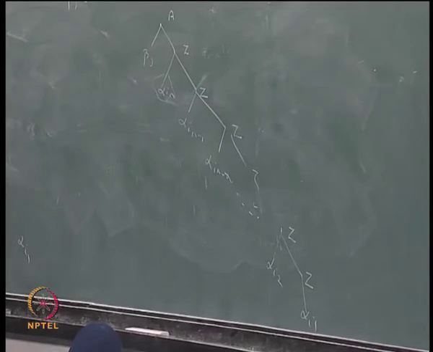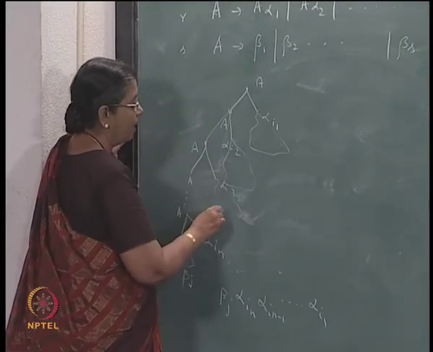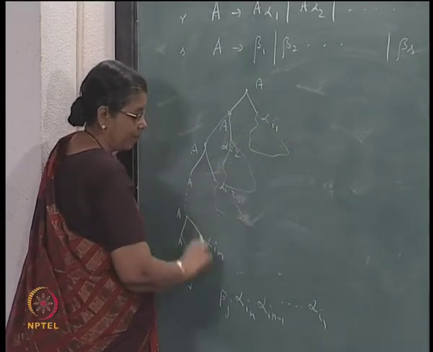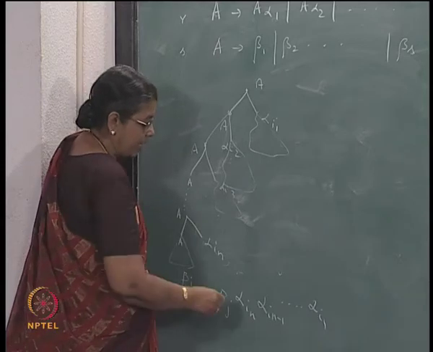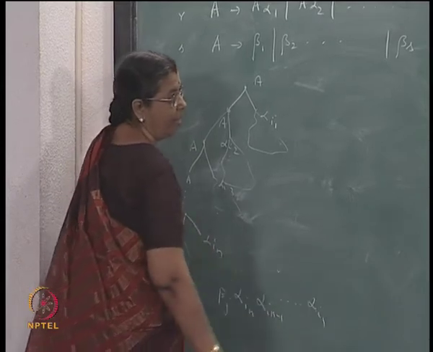So, the string generated here will be beta j alpha I n minus 1 etcetera up to alpha I 1, and from this something else can be derived. So, the string generated is beta j alpha I n minus 1 ... alpha I 1.